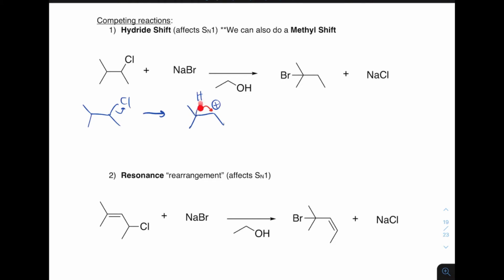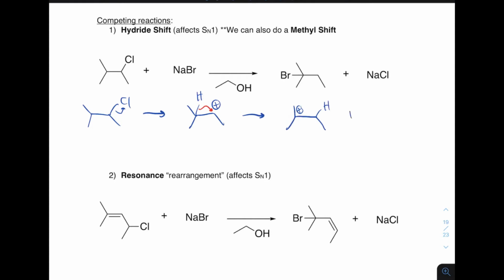The electrons on this covalent bond shift over to this carbon here. And so the result of that is that now this carbocation has that second hydrogen in place, and this carbon here is left without a hydrogen, so it is now a tertiary carbocation.